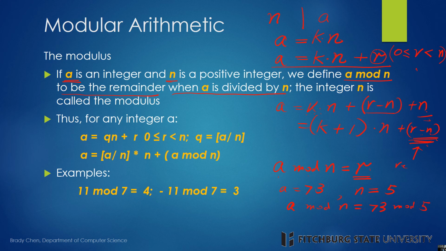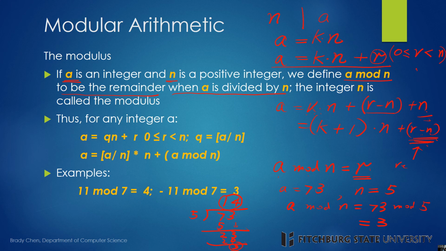So let's see what the result is. We do the division, 73 divided by 5. We get the quotient 1, 1 times 5 is 5, 7 minus 5 is 2, bring down the 3 to get 23. Then I can put the 4 here, 4 times 5 is 20, and then we get a 3, right? So the quotient is 14 and the remainder is 3. So 3 is the answer.